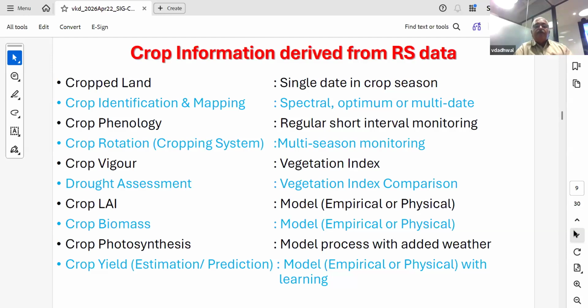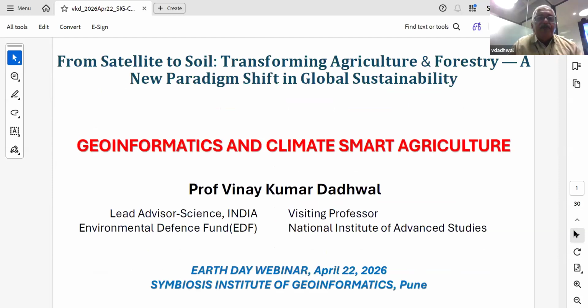And yield: you have to calibrate your model or the process model with the past history, because yield is an outcome of very complex variables. So satellites are able to do this. There are hundreds of examples in any remote sensing paper you see. But what I have tried to do is go on increasing the complexity of the information extracted.